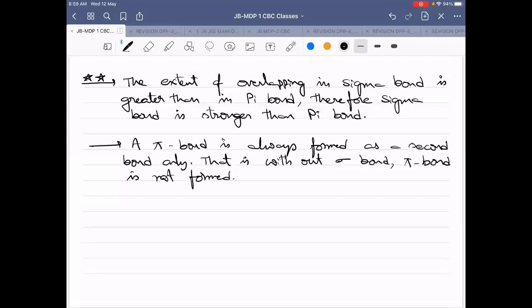But sigma bond can be formed alone. Got it? Sigma bond can be formed alone. Understanding?